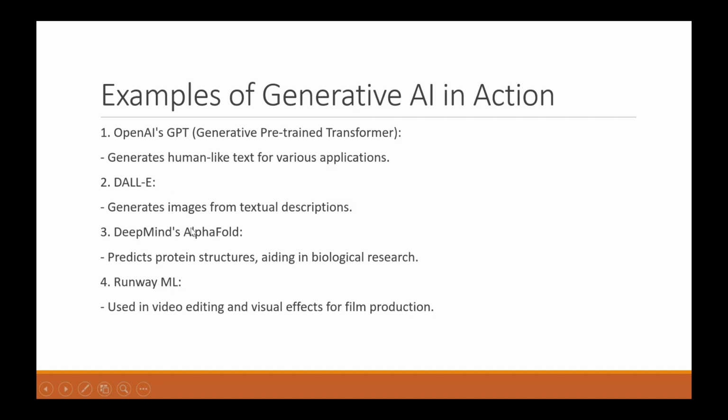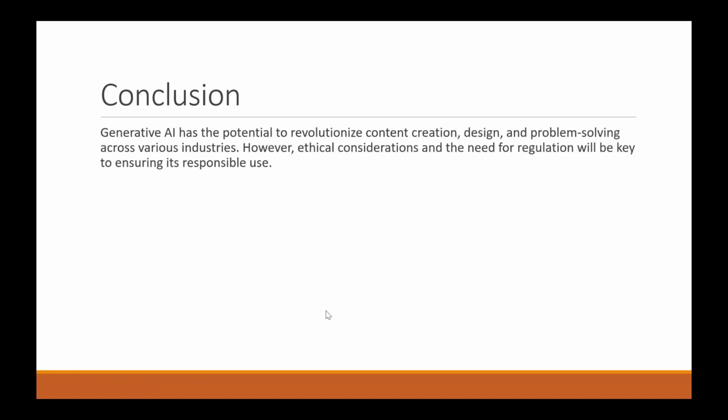This generates images from textual descriptions. You can just write the description of what type of image you want to create, and it will create the image for you. These are some of the examples as well, like DeepMind's AlphaFold. This predicts protein structures, aiding in biological research. And Runway ML, this is being used in video editing and visual effects for film production.